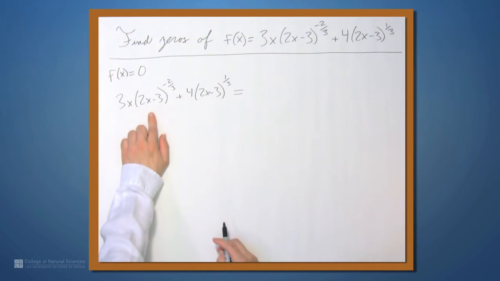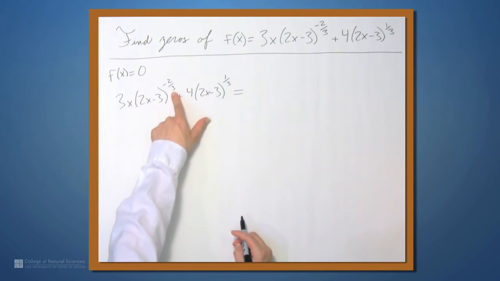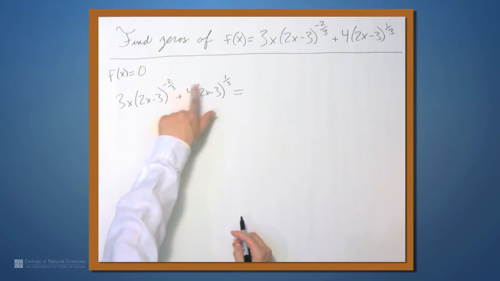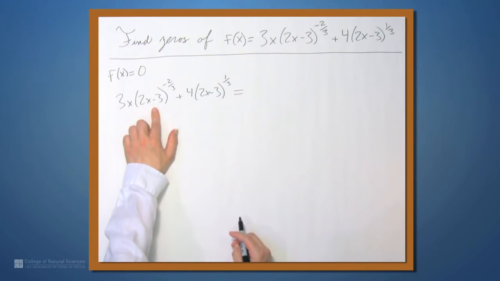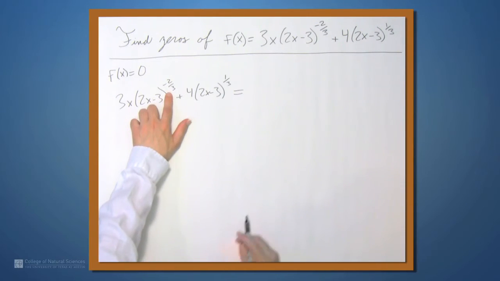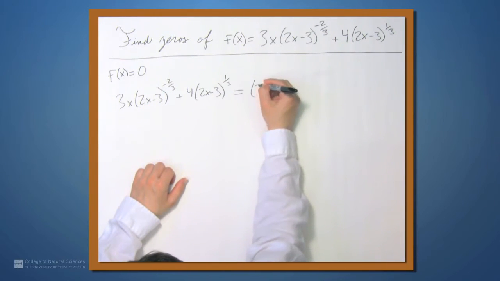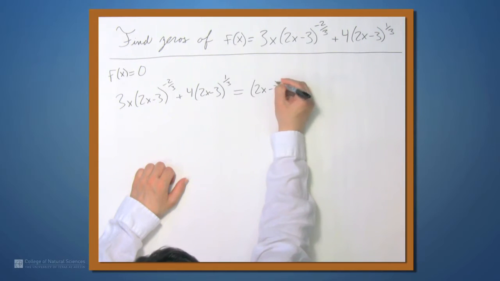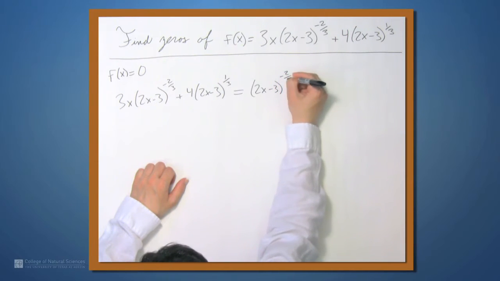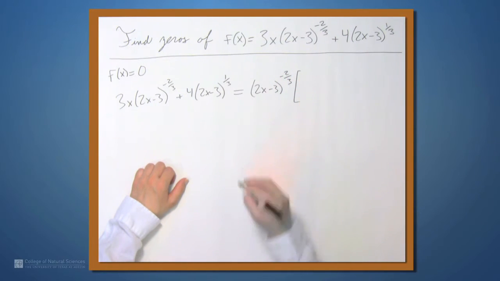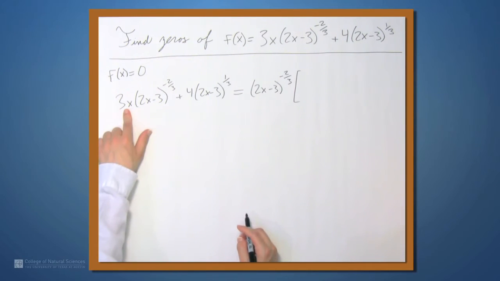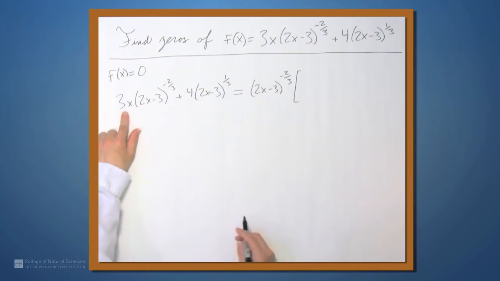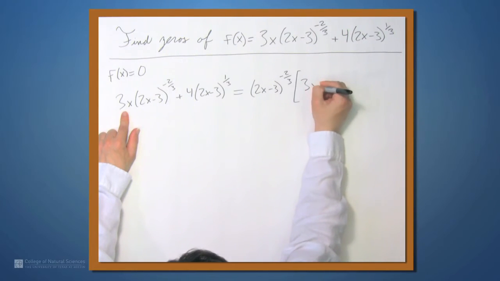In fact, it's not maybe quite as clear as it would be if we didn't have these fractional exponents, but we can factor out a (2x - 3)^(-2/3). So we write (2x - 3)^(-2/3) times some quantity. Now what remains from this first part? We've taken out this whole thing, so all that remains is a 3x.